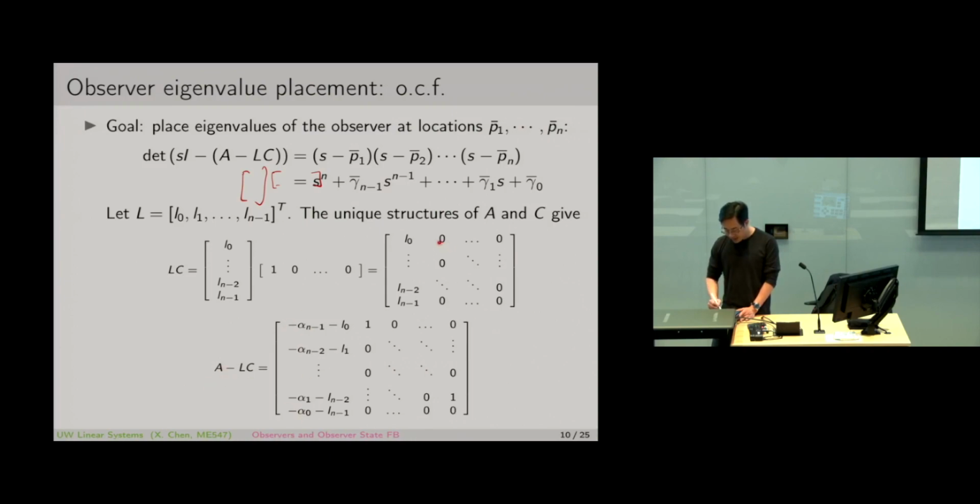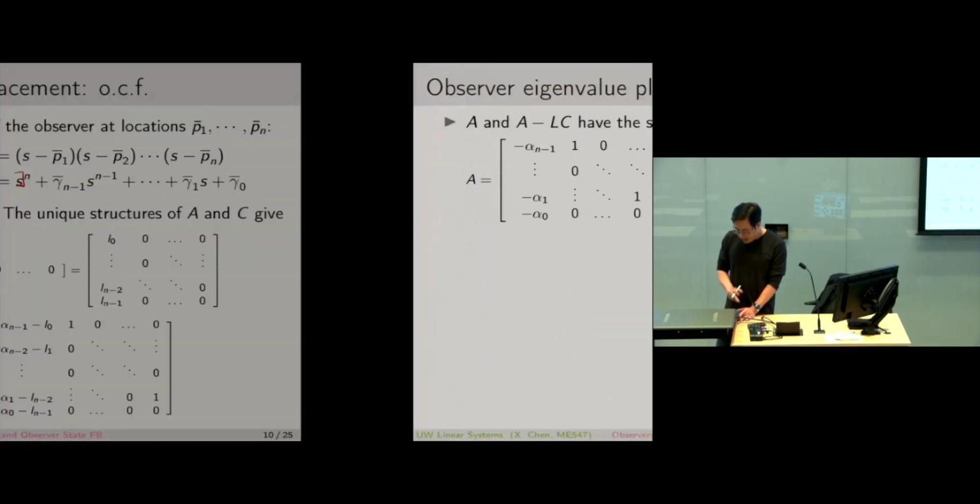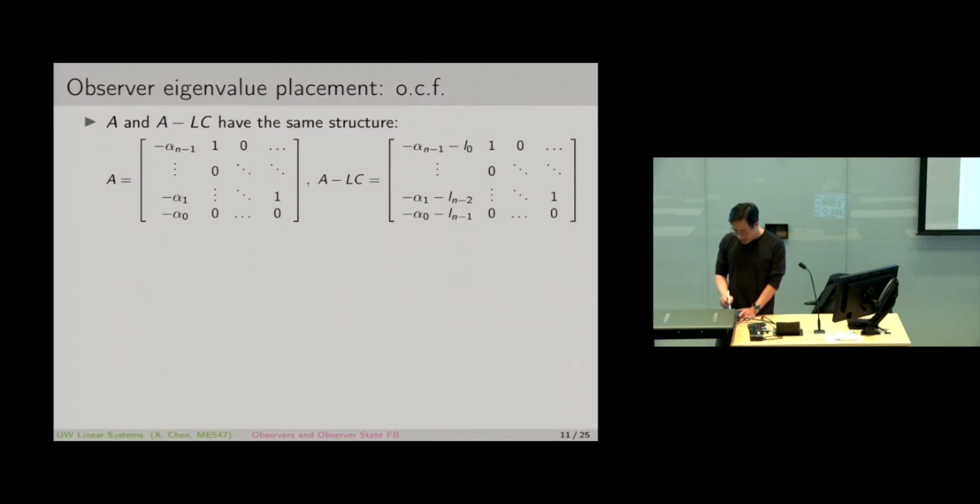A minus LC is also going to become very structured. It's going to be negative alpha n minus 1 minus L0, negative alpha n minus 2 minus L1, all the way down to the bottom, negative alpha 0 minus L n minus 1. This side doesn't change. So A and A minus LC have the same structure.